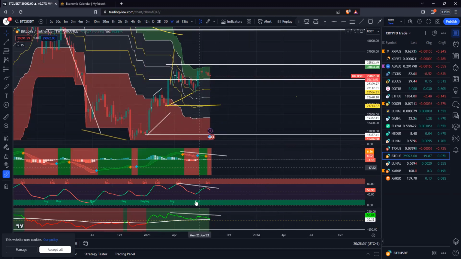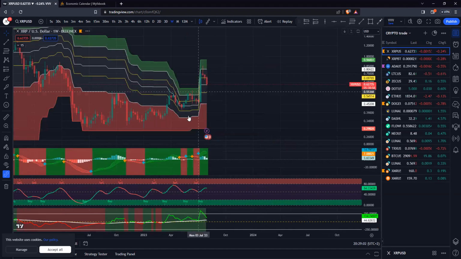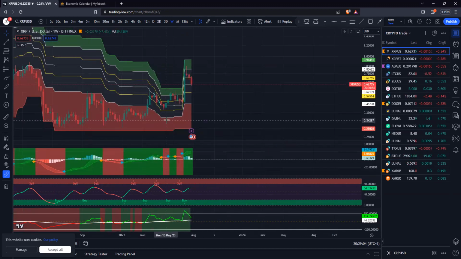Okay. So I'm waiting for this move, and what's also an interesting part is the XRP, which gives us a different picture about the zero line. I would like to see a retest on the 38, which would make perfect sense.